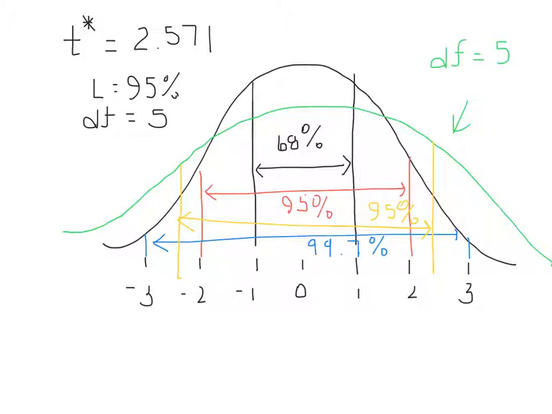Now, let's say instead that I was in a t-distribution that had 9 degrees of freedom. And I'm wanting to determine the critical value that would contain the middle 95% of that t-distribution.